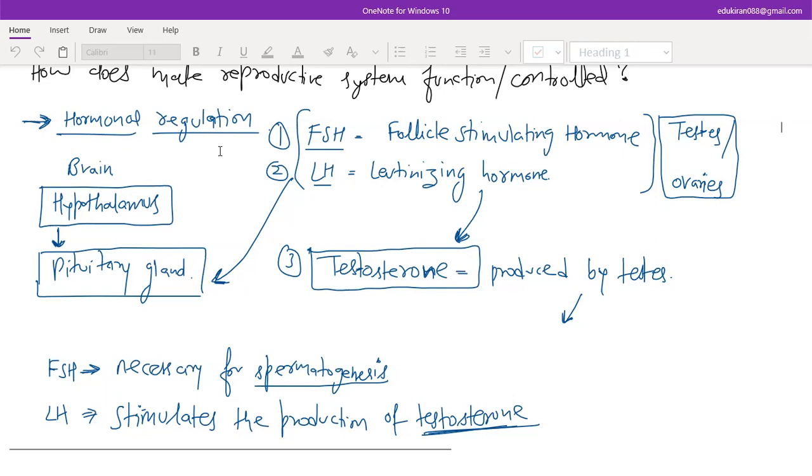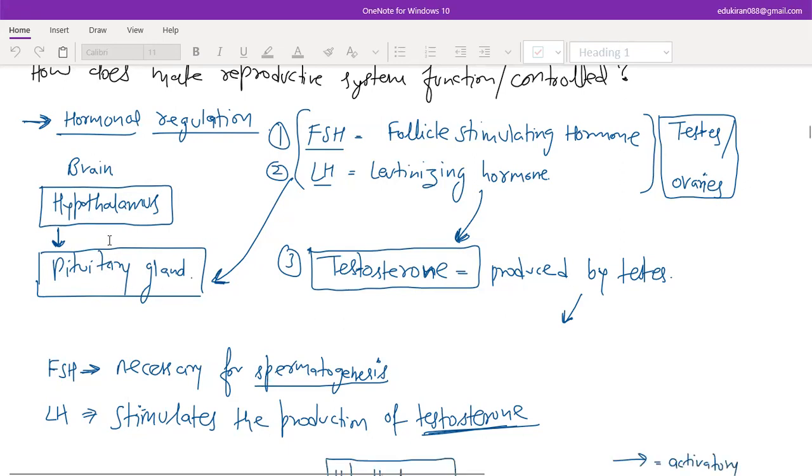For class 12, what is important is that you have to know the hypothalamus secretes a hormone called GnRH, gonadotropin releasing hormone. Can you write it down? It goes and acts on the pituitary, and then the pituitary, under the effect of GnRH, releases these two hormones, FSH and LH.